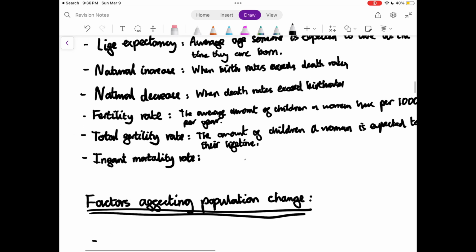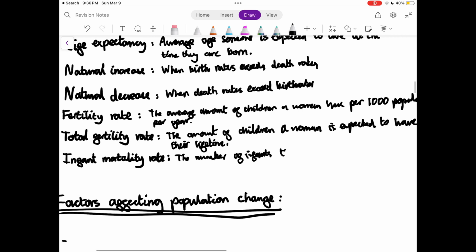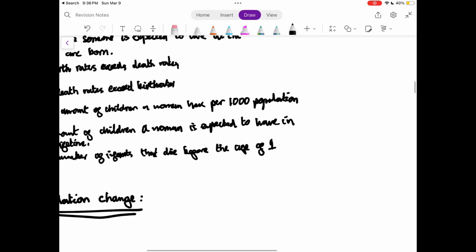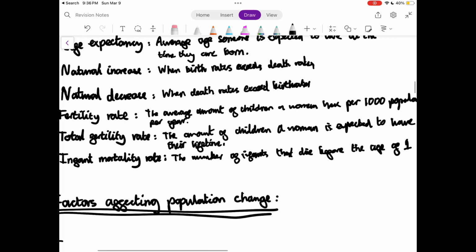All right. And then finally, the infant mortality rate. This is the number of infants that die before the age of 1 in a population per 1,000 per year.